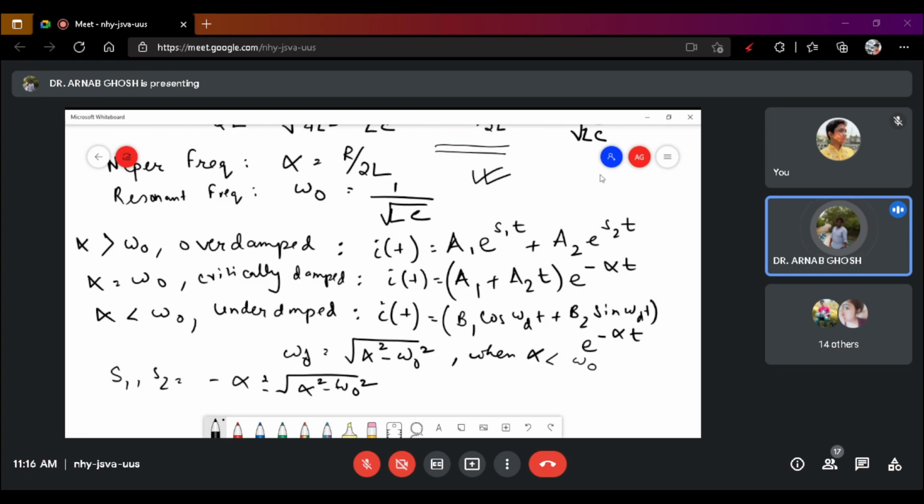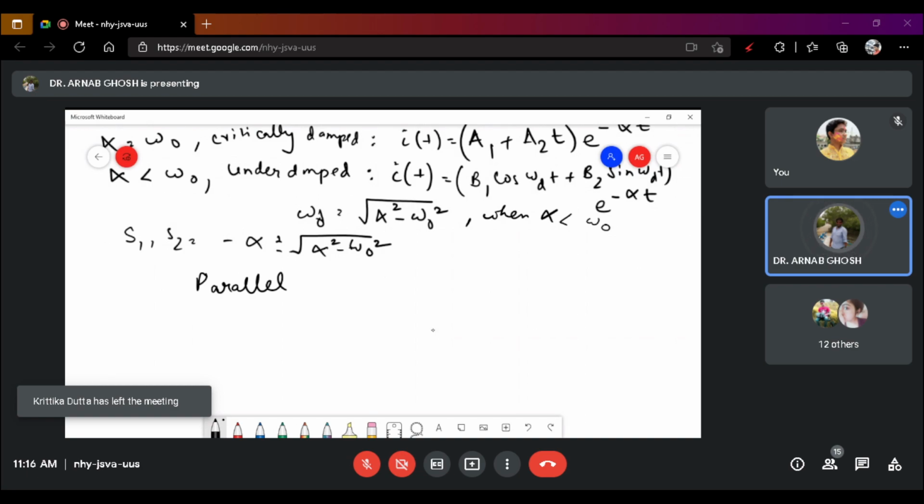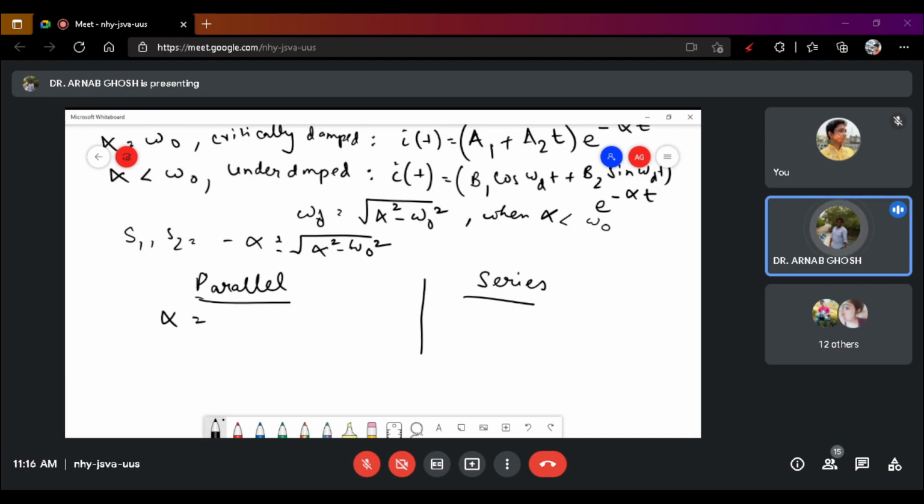The difference between parallel and series is: for parallel, alpha is equal to 1 by 2RC; here alpha is equal to R by 2L.